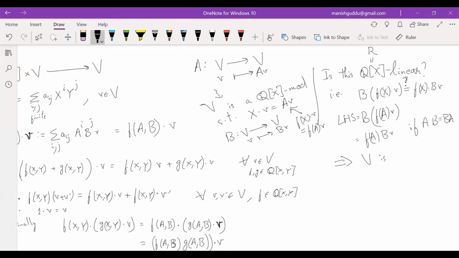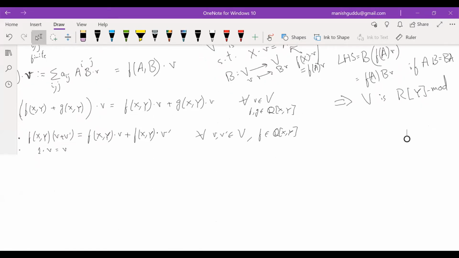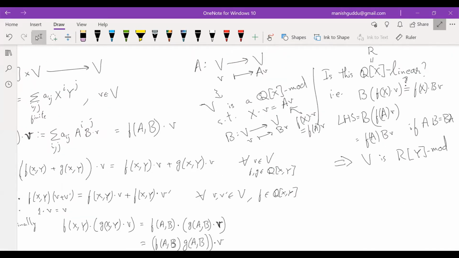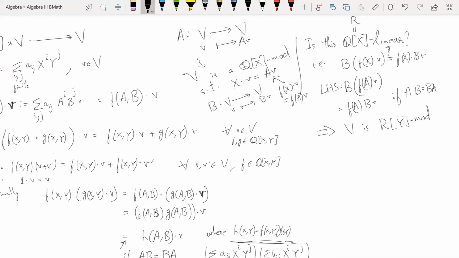So V is an R[x] module, but I don't want to confuse it with the variable, so I'll say an R[y] module, with y dot v equals this linear map B, Bv for all v in V. Okay, and that's it.